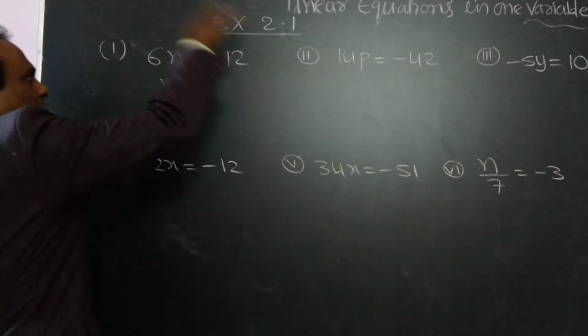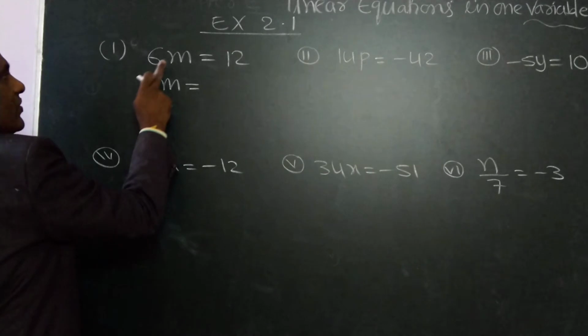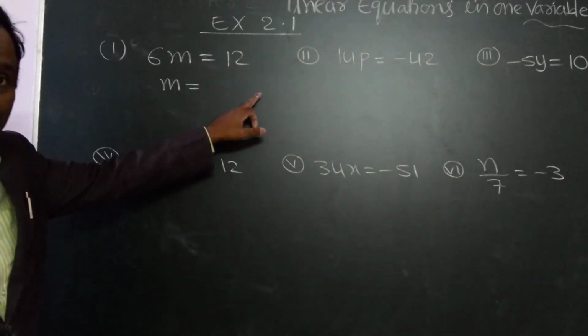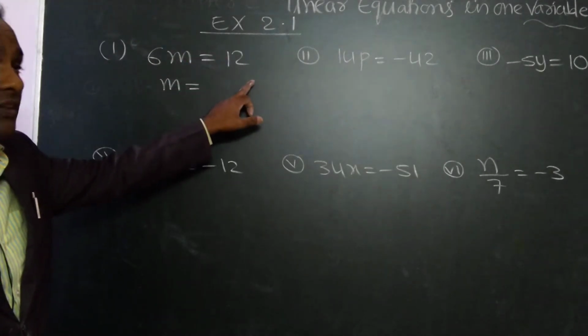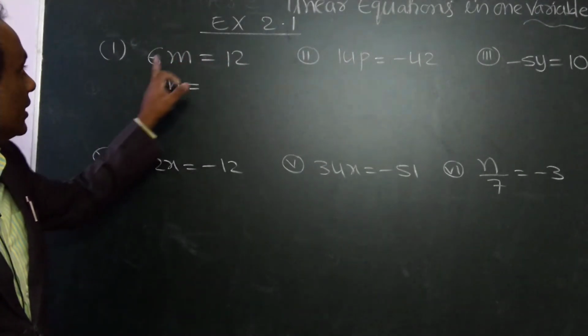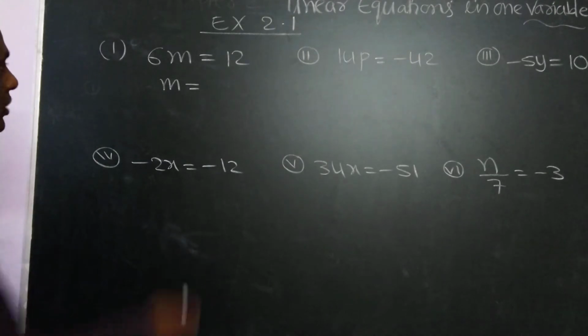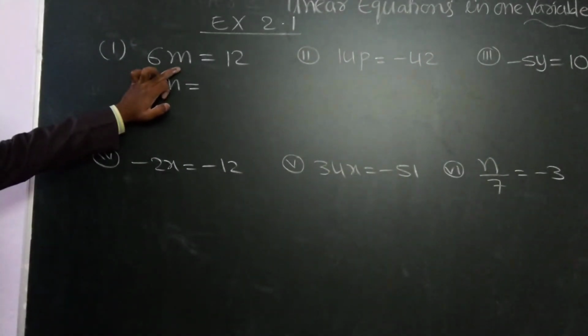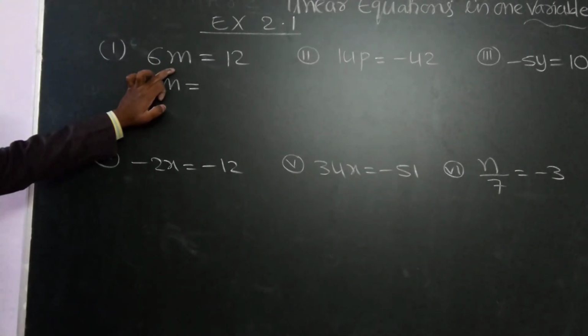We have to take everything to the other side except m. If it is plus, it will become minus. Minus will become plus. Into will become divide. Divide will become into. So here 6m means 6 into m.